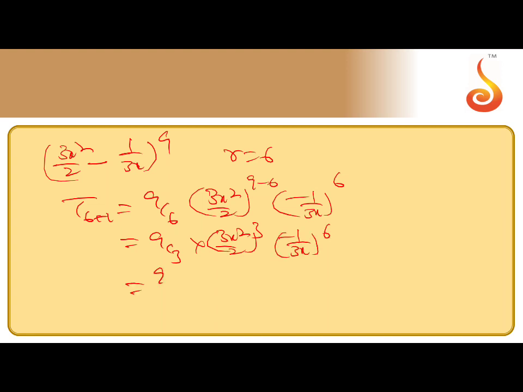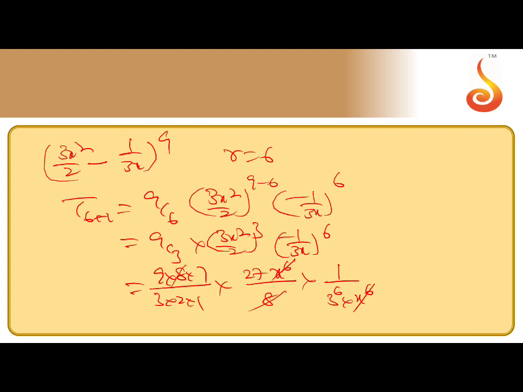You have to simplify. 9 into 8 into 7 by 3 into 2 into 1. This is 3 cube, 27 x power 6 by 2 cube, 8. Into minus 1 power 6 is 1, 3 power 6 into x power 6. X power 6 cancels. Next, 8 cancels.